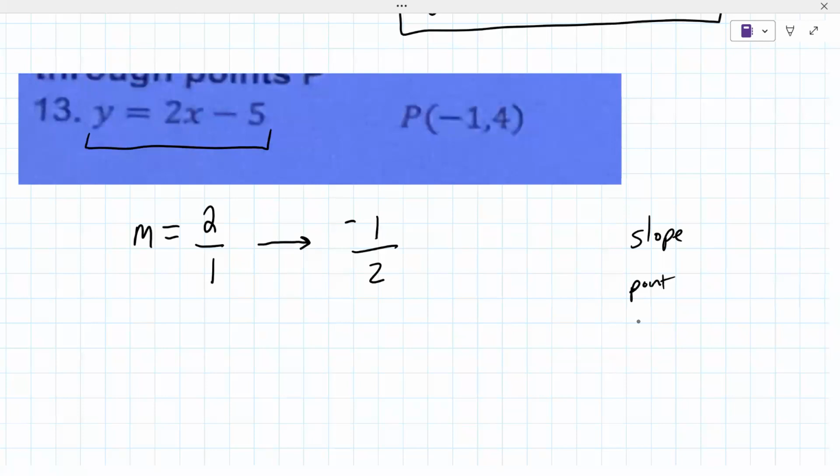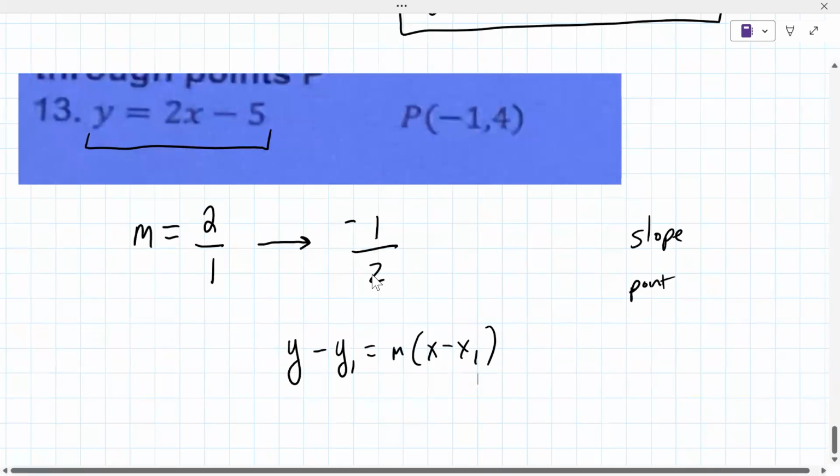Give me the form. y minus y1 equals m in parentheses x minus x1. Good. And you have an m, you have an x1 and a y1. So go ahead and finish this one off for us, please.